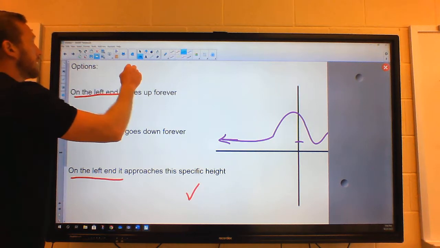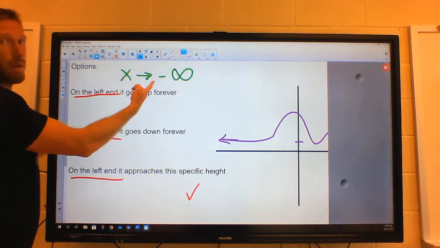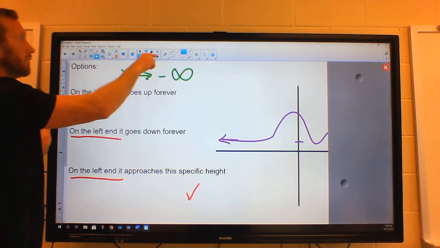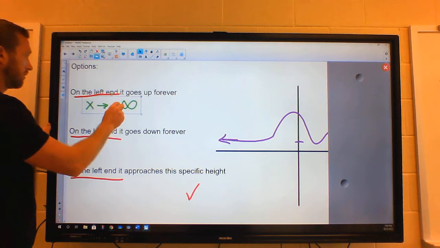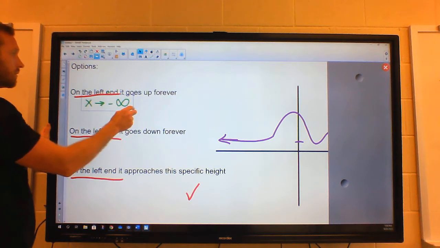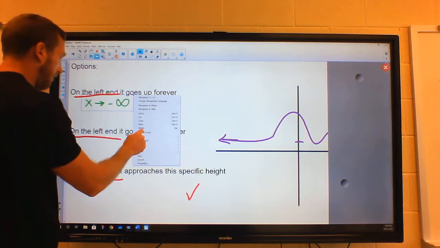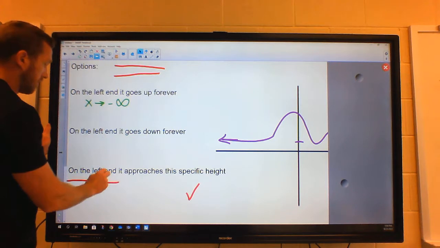Okay, so let's write the left side. Remember, this is mathematically how we say as we go to the left. I'm just going to do infinite cloner. It's going to help me out here.